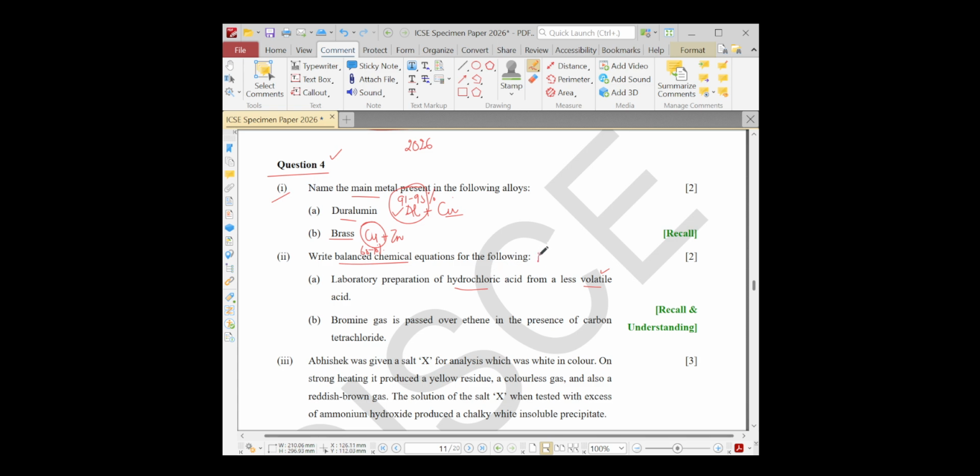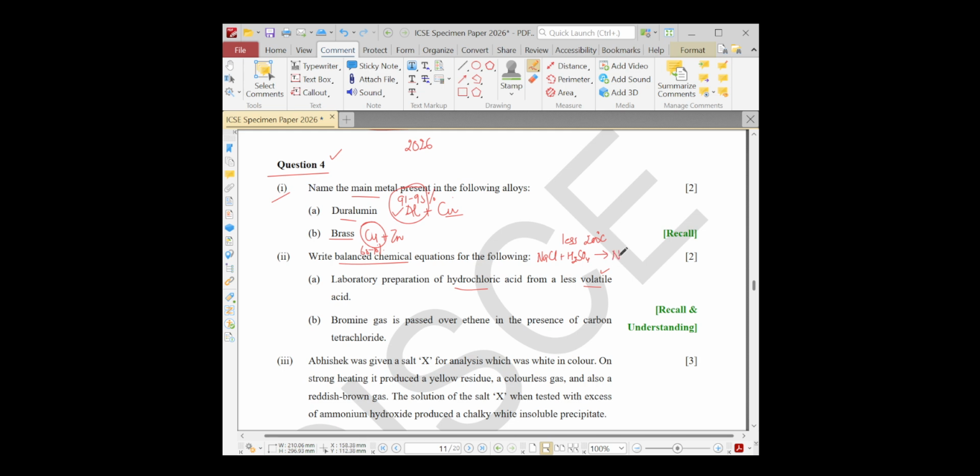So we take sodium chloride, treat this with concentrated sulfuric acid, right? And on heating, now the heating should be less than 200 degrees centigrade, right? Because if we heat above 200 degrees centigrade, then the salt formed will be sodium sulfate.